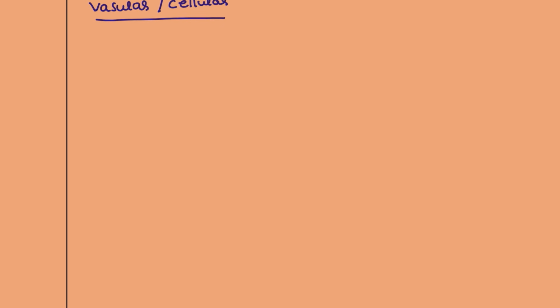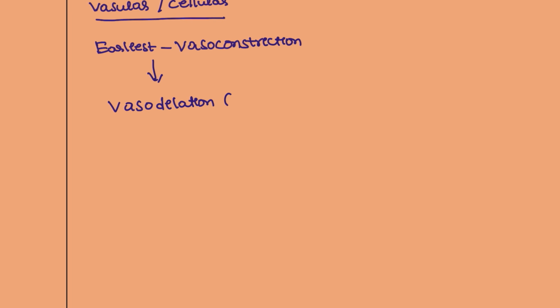So let's see the vascular events. The vascular events are three types. The first and foremost, earliest: if there is an infection, there will be a very transient, very limited vasoconstriction. Immediately after that, you are going to have vasodilation, the first noted event that we can know.